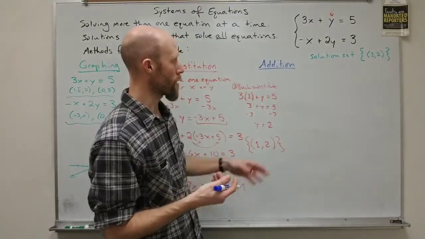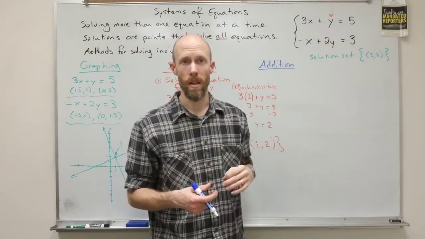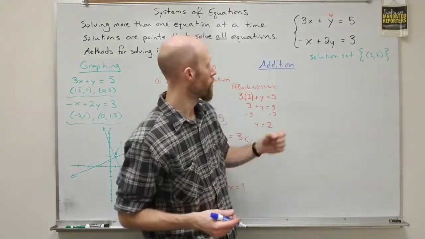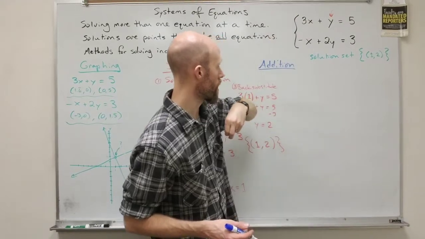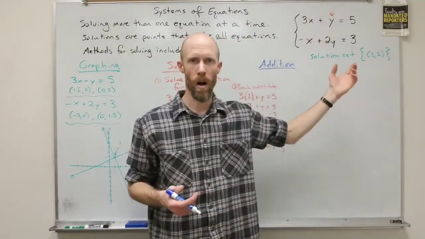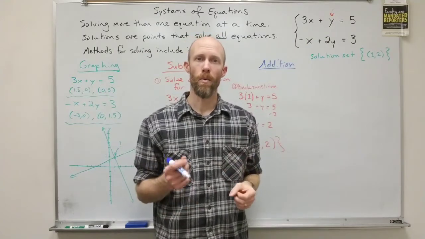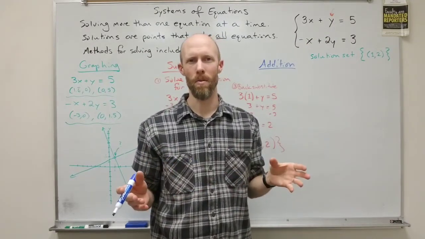Now the problem in this case is if you add these equations directly, you don't eliminate a variable. If I added these together, 3x minus x, I get 2x. Y and 2y makes 3y. I still have x and y. What we want to do is add them together in such a way that it eliminates a variable completely.